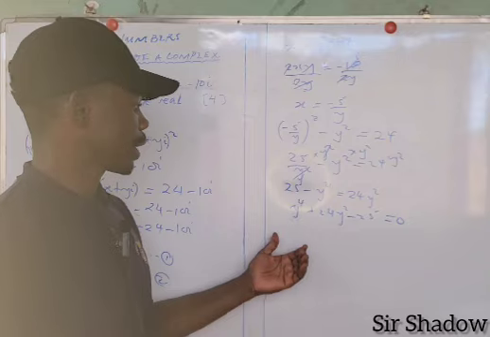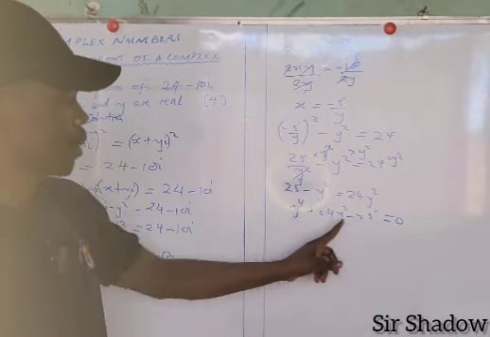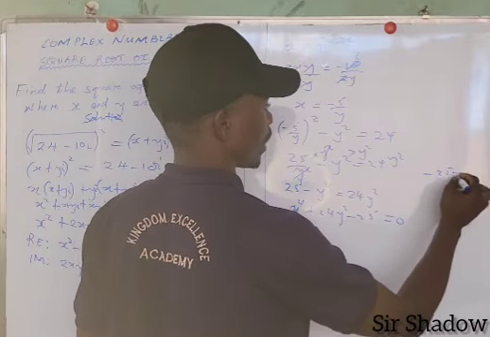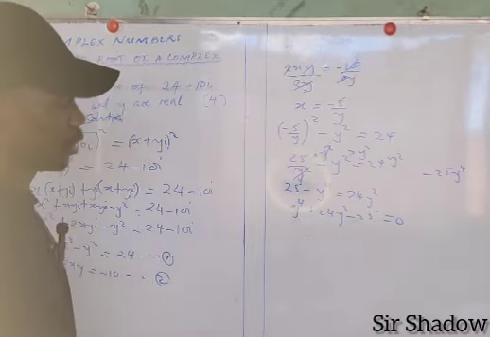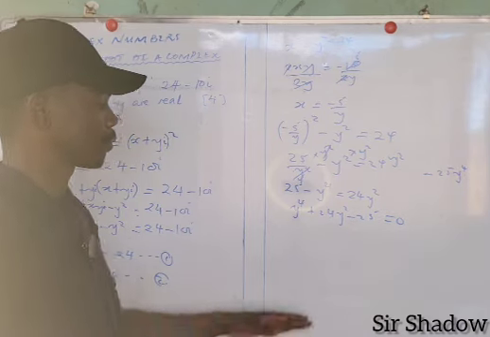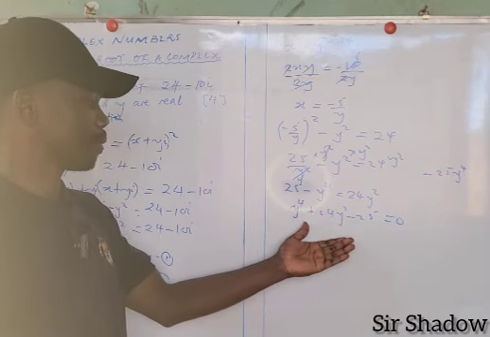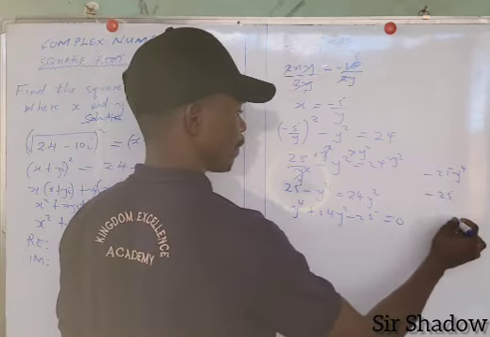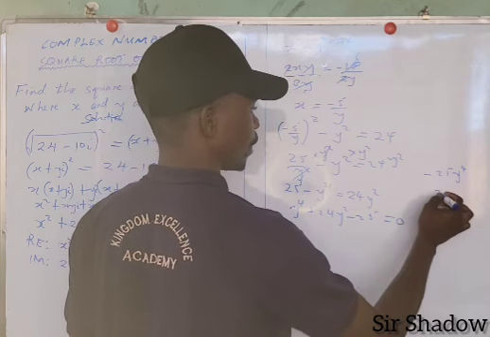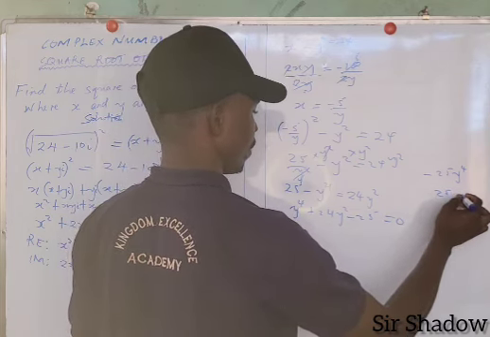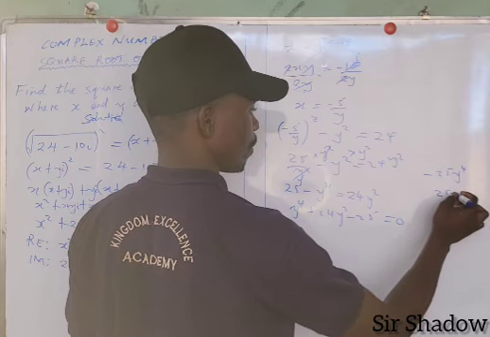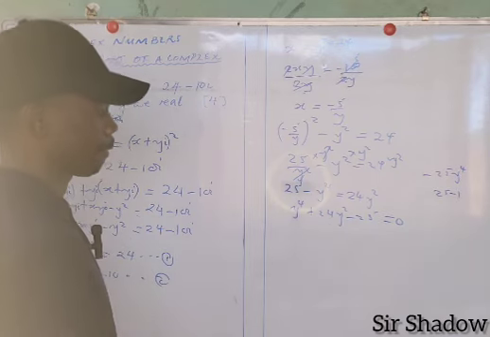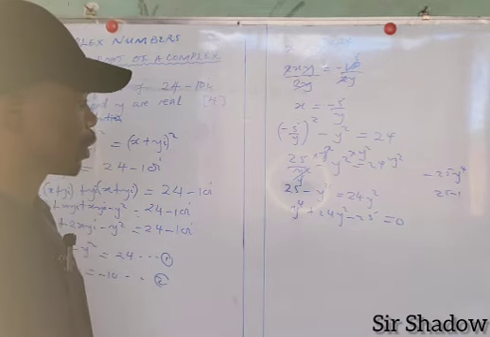Remember, we want to find the values of y, right? For us to find the values of y, let's factorize this one. We have minus 25 y to the power 4. So the factors of minus 25 are 25 and minus 1.